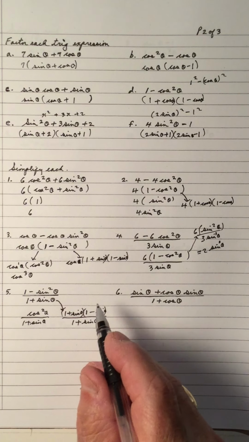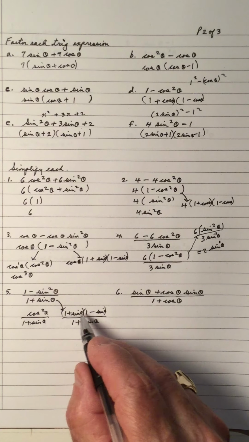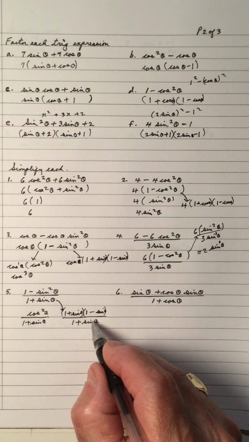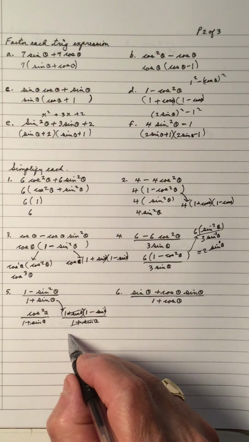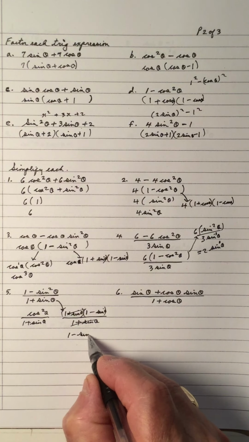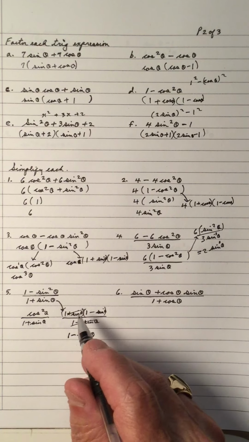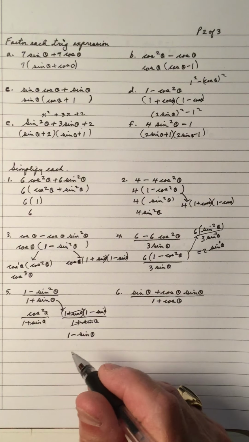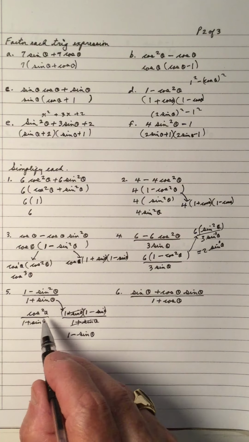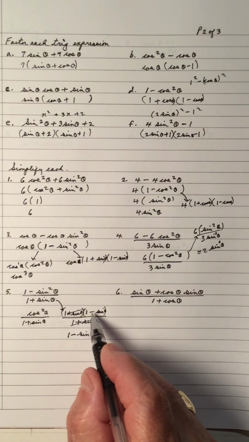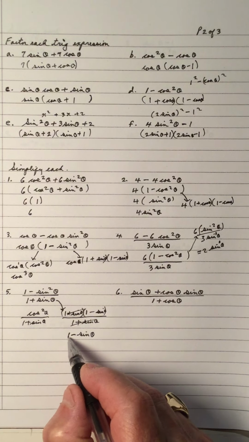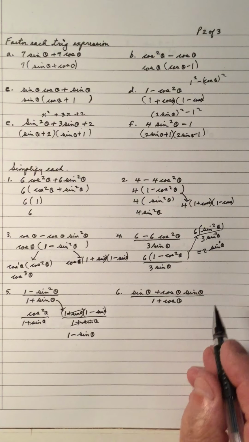So if you went this way, notice the 1 plus sine is a factor. 1 plus sine is on the bottom, so they cancel out. So I get 1 minus sine. Again, you'll see in identities which way to go, because both sides have to be the same. So again, you can do either or, but this is the better way to simplify to 1 minus sine.